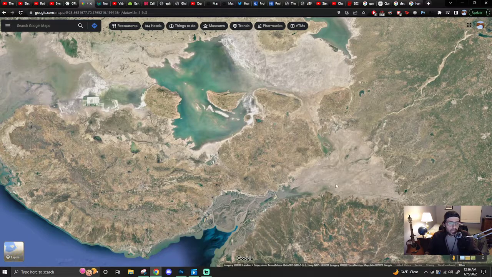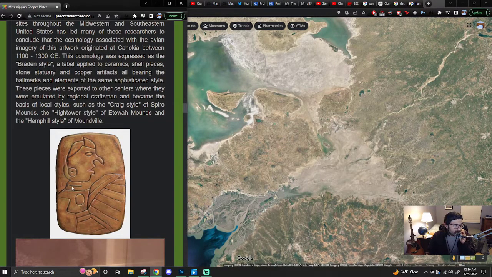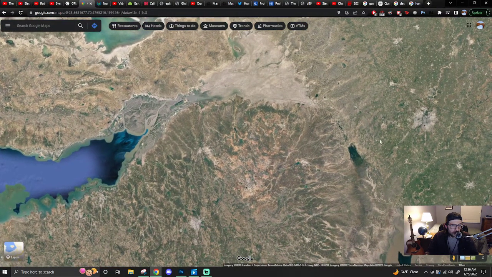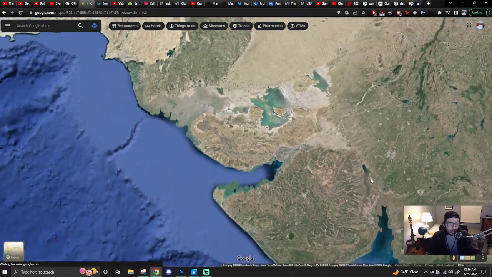Like more linear features like this. And then it goes this way into the head. And it physically goes over a space to here, which is like the ear ring.